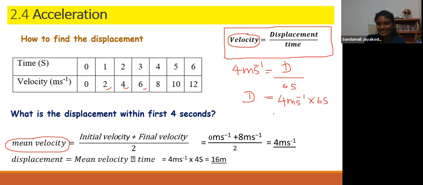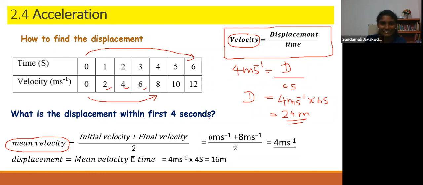Here we will get 24 meters for the total time interval from 0 to 6. I have found the displacement within the first 4 seconds. So that is the total displacement for the whole 6 seconds.